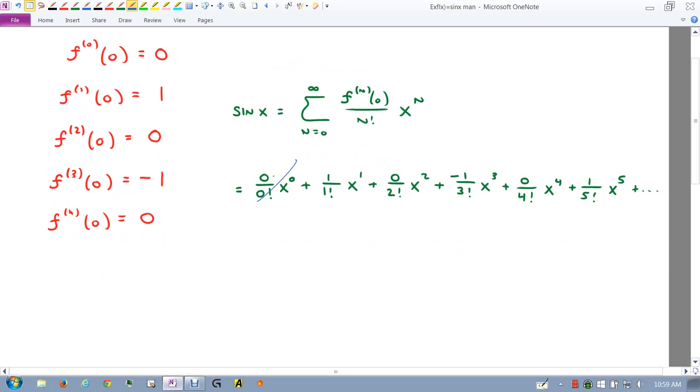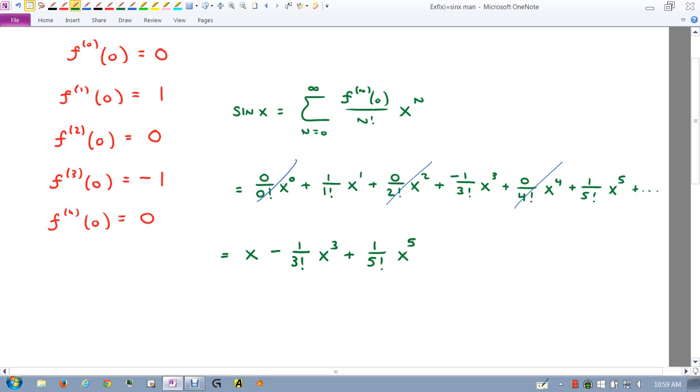Lots of things cancel. All the even powers cancel, right? Which means you're going to be left with just the odd powers. Isn't sine an odd function? Sine is odd, that's why. So the expansion of the power series would be x minus 1 over 3 factorial x cubed, then plus 1 over 5 factorial x to the fifth.